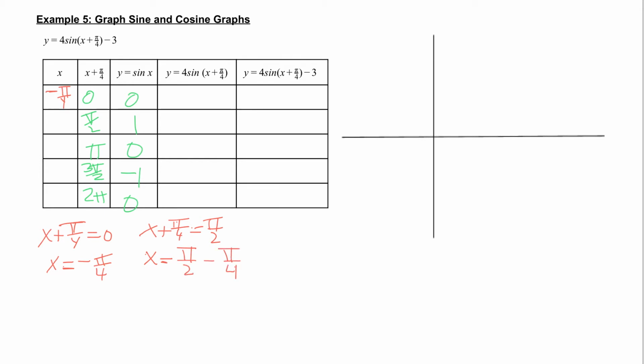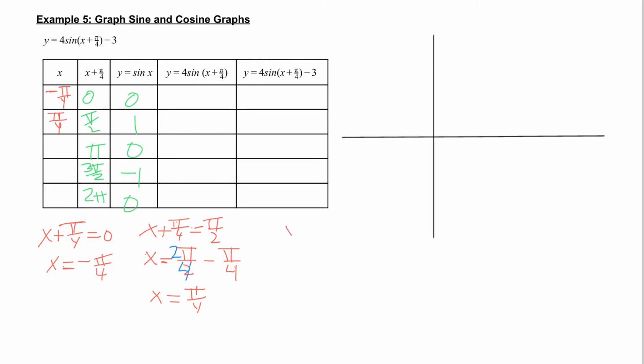And we have to get common denominators in order to subtract these. So the common denominator would be 4, which means we would change pi over 2 to 2 pi over 4. And then we can subtract, and you'll see that you get x equal to pi over 4. So that goes in here, pi over 4.